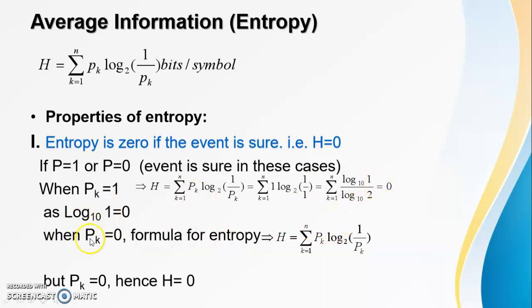Now comes the case when Pk equals 0. The formula for entropy is this, and we know anything multiplied by 0 is always 0. That's why H equals 0 when Pk equals 0.